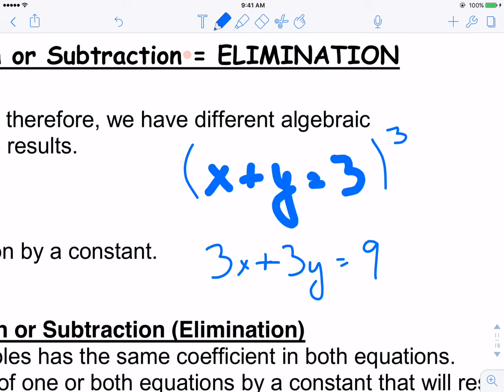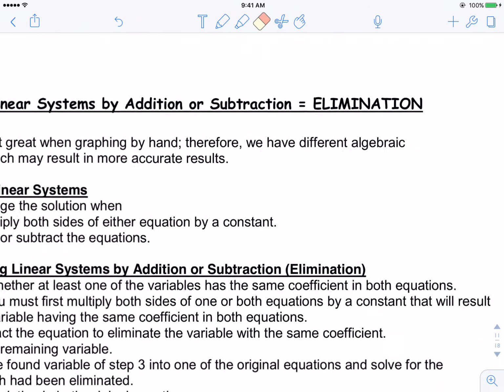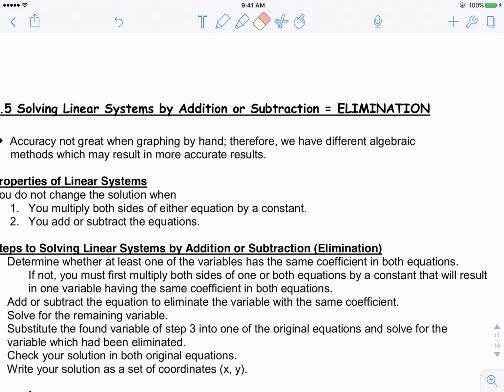It's this process that we have to go through sometimes with elimination in order to get equations to look similar, or at least get one of the variables to look very similar, so that we can add or subtract the two together. Okay?